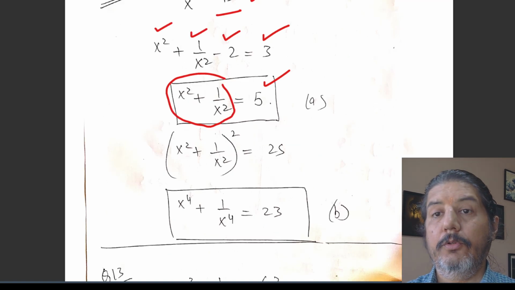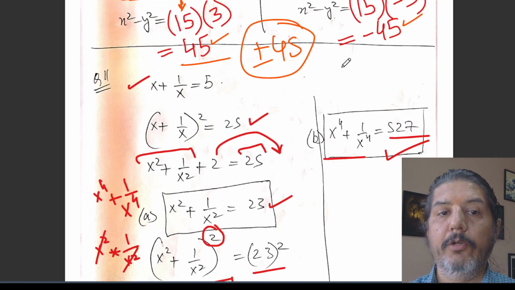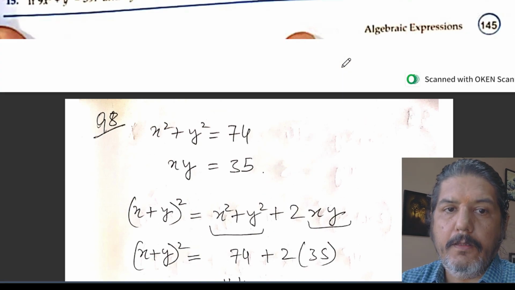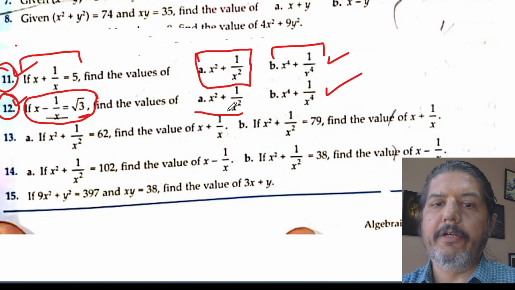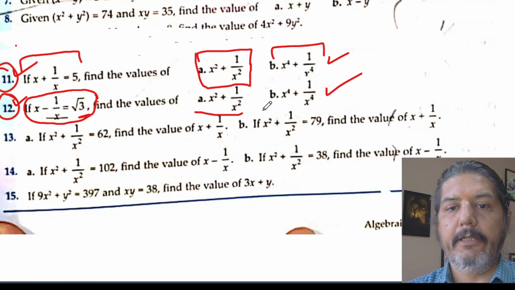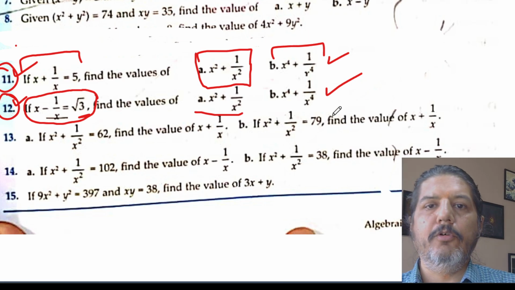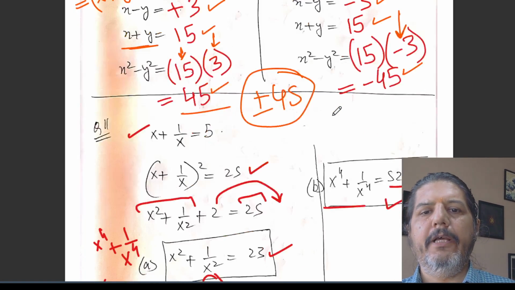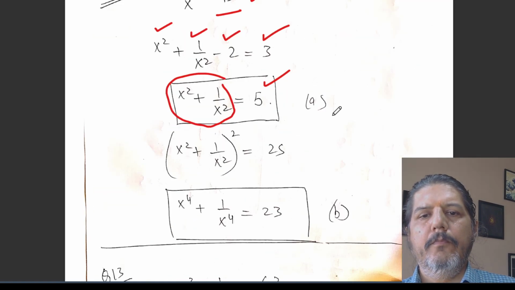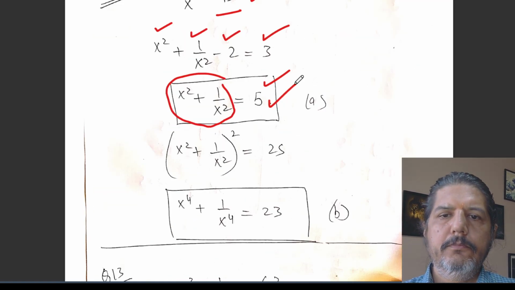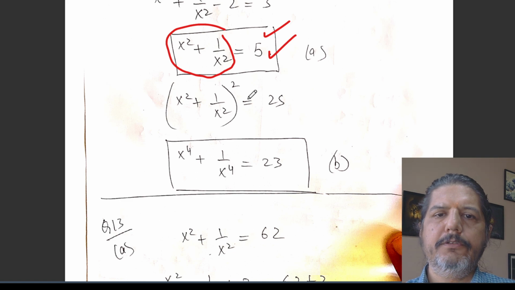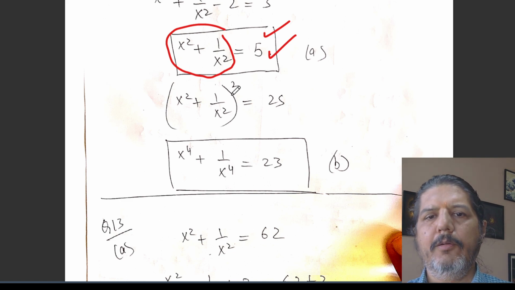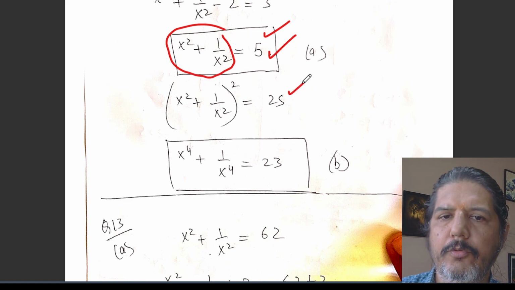And so the first part of question number 12 is to find the value of x square plus 1 upon x square, and then we have to find the value of x4 plus 1 upon x4. The first part, x square plus 1 upon x square, the value is 5. Similarly, I square both sides. x square plus 1 upon x square whole square is equal to 5 square, which is 25.